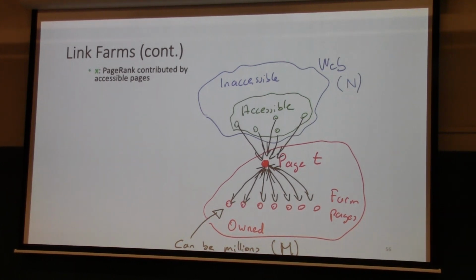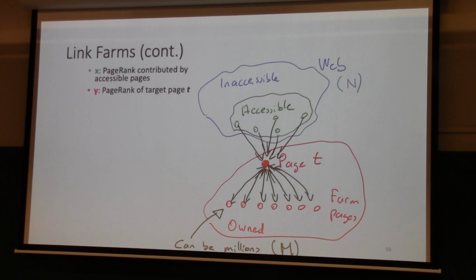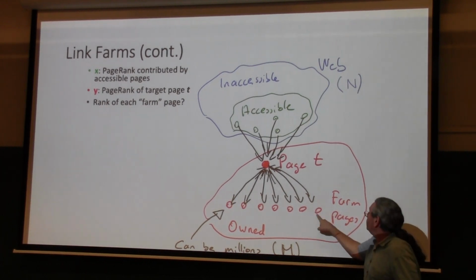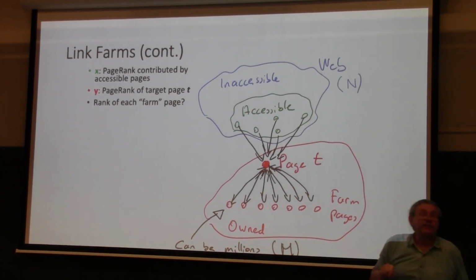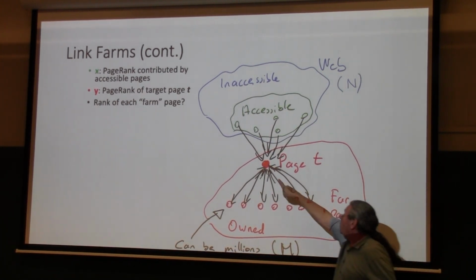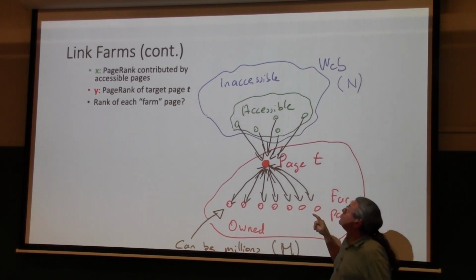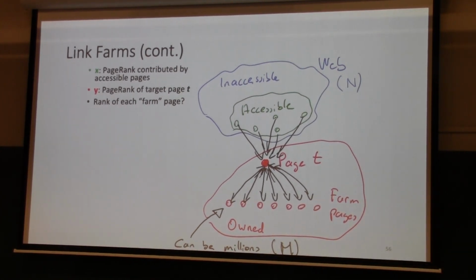It's not so big, but there's some. And y is the PageRank of page T. Now we can compute, according to PageRank, what it's going to be. So first of all, what is the rank of one of these pages? There are several sources of rank. One source comes from the outlink of T, but another one comes from the teleportation. Okay?